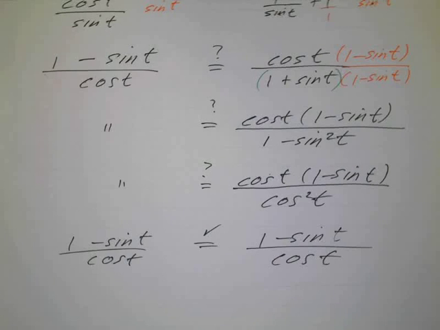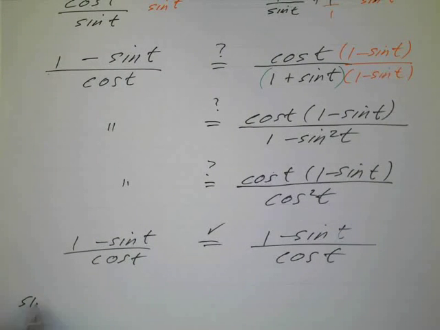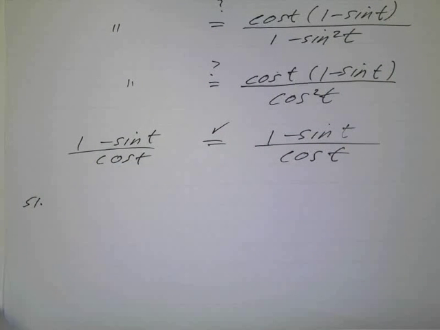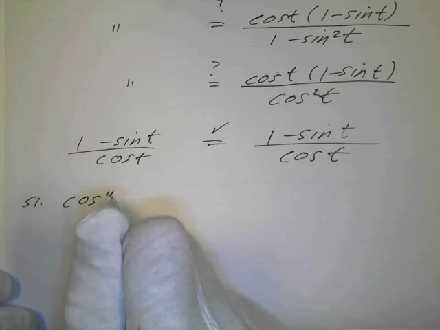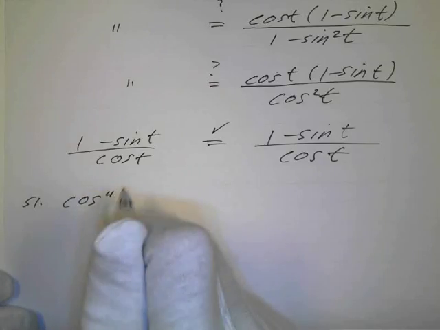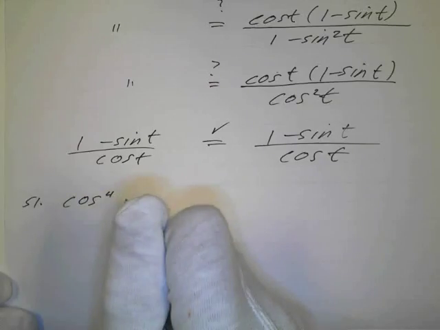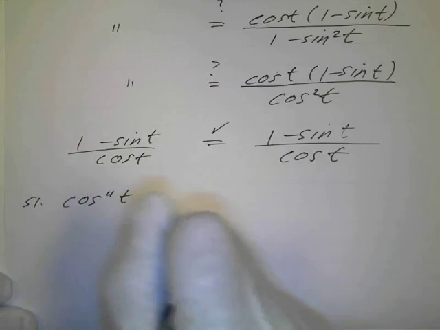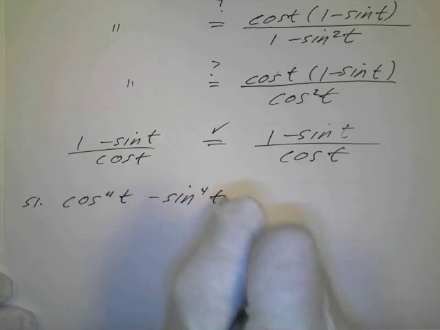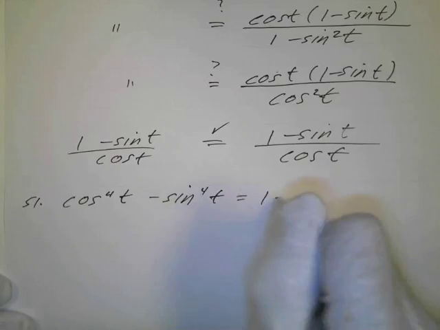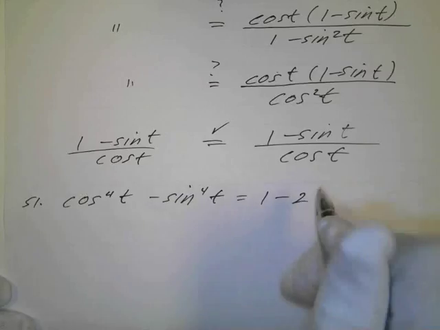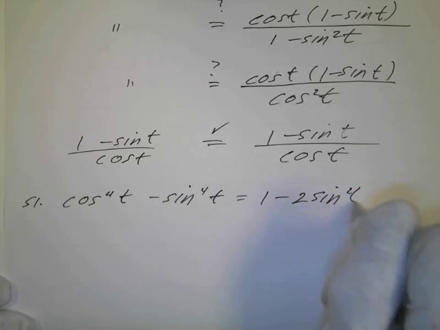Okay, and let's take a look at 51. In 51, we want to show that cosine to the fourth of t minus sine to the fourth of t equals 1 minus 2 sine squared of t.